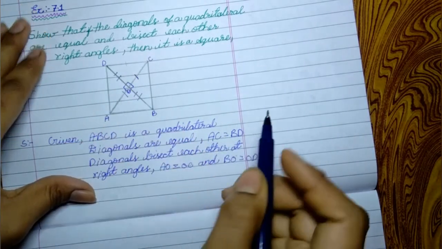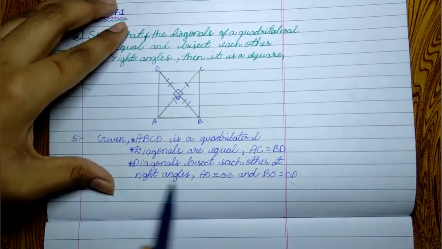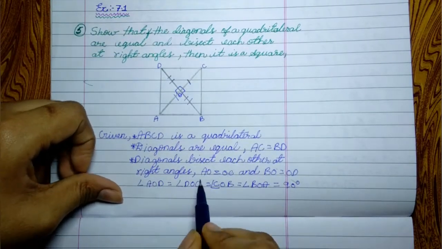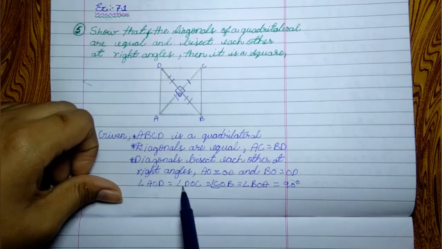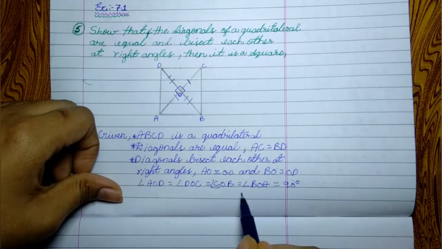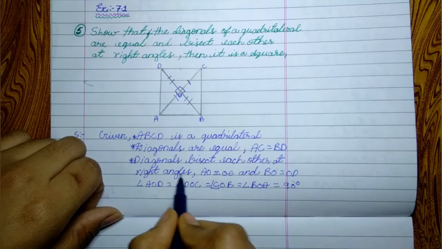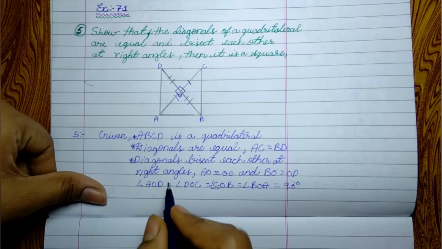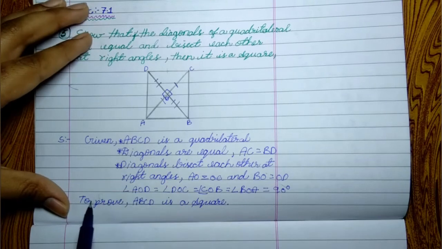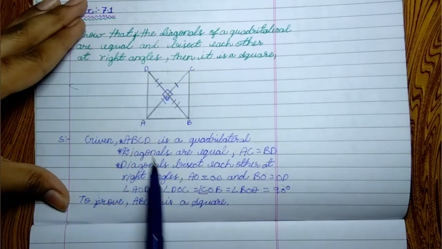Also, they are saying they are bisecting at right angles, so let us write the angles also. Angle AOD is equal to angle DOC is equal to angle COB is equal to angle BOA, all equal to 90 degrees, right angles. Okay friends, these are the given points. Now what do we have to prove here? We have to prove that quadrilateral ABCD is a square.